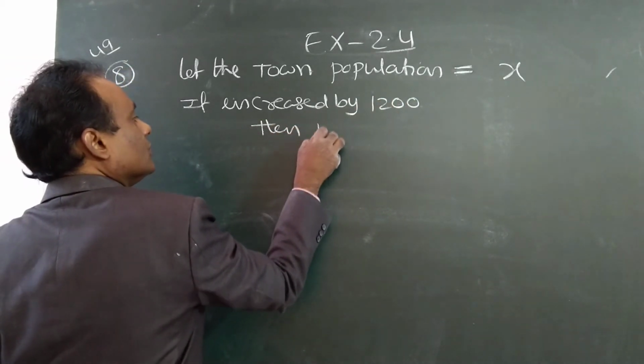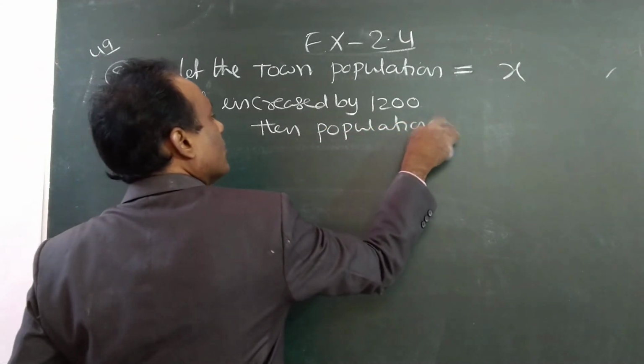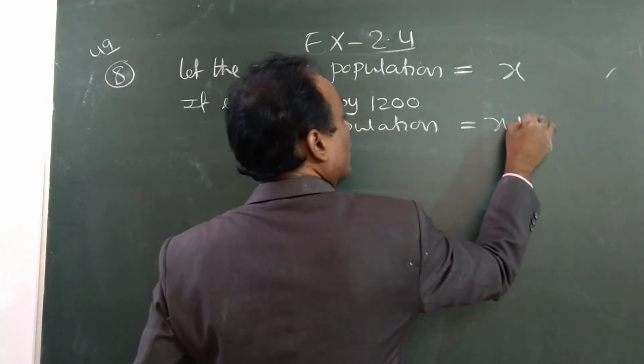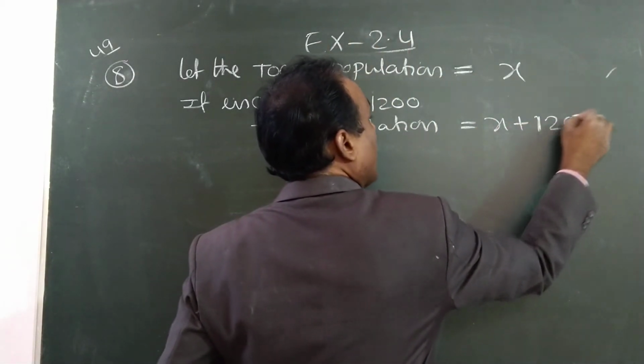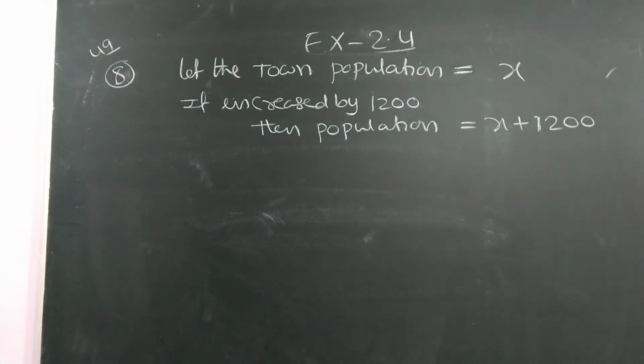Then the population will become, first it is x, increased by 1200 means 1200 more people are added. Original population was x, 1200 added. First it was x, then 1200 people are added.